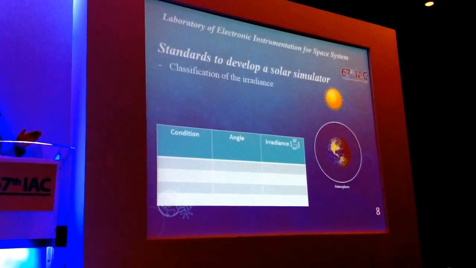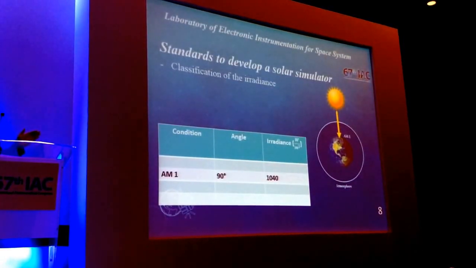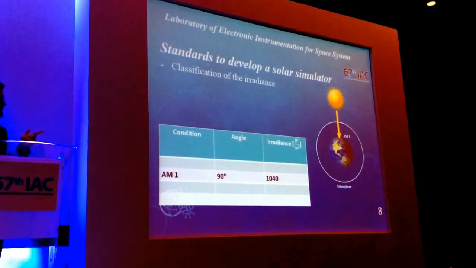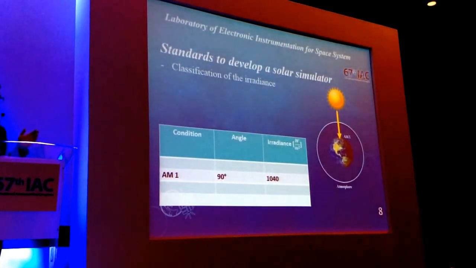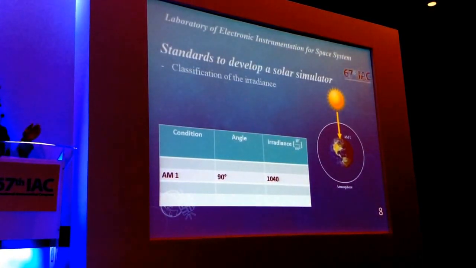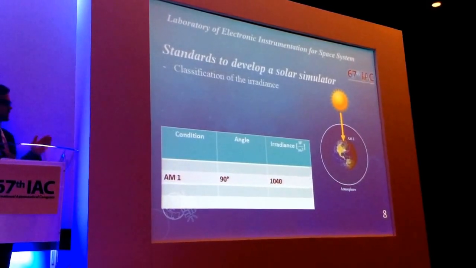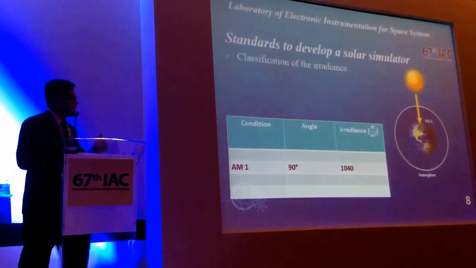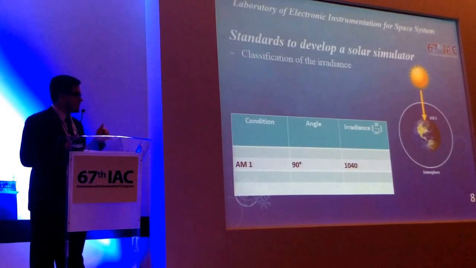For example, when I say that I have an IM1 condition, that means that I have a level of irradiance of 1040 watts per square meter, because I have the sun at the zenith, and I'm inside of the atmosphere.